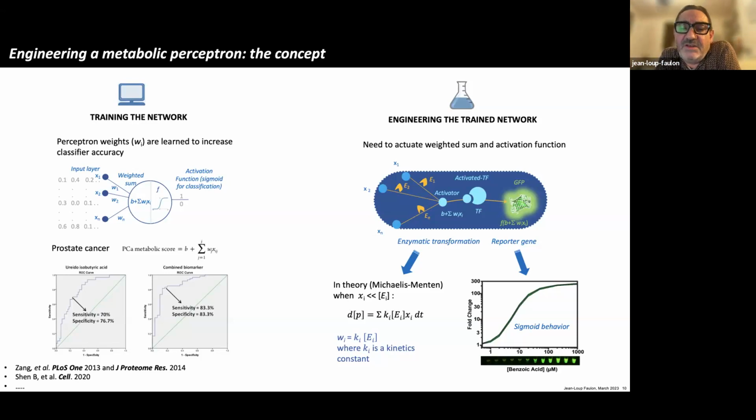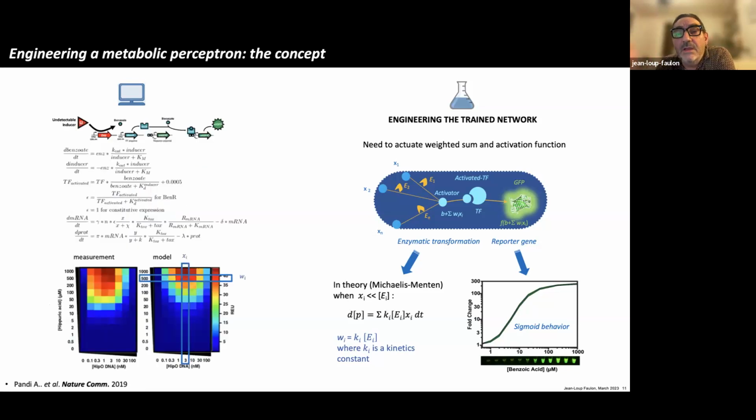It may be difficult to change the kinetic constants because you would have to do some enzyme engineering, but you can clearly change the enzyme expression level, in particular in a cell-free system, because the only thing you have to do is change the amount of DNA encoding for the enzymes. As you can see here in a result that we obtained for the transformation of hippuric acid, which I already mentioned, into benzoic acid through the enzyme EPO, let's take a fixed concentration, for instance 200 micromolar of hippuric acid.